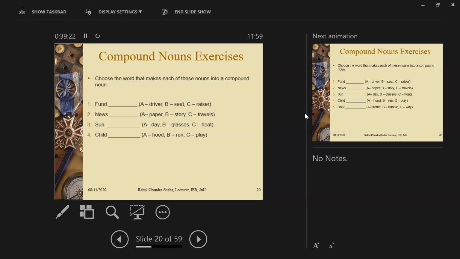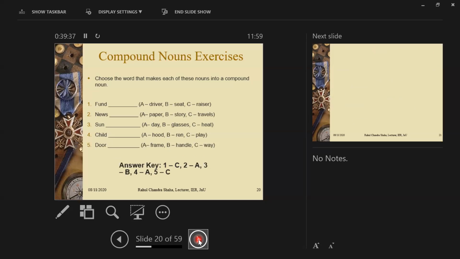Have you completed, dear students? Okay, I give the answer key, so you have to match it with your answer, what you have judged yourself.